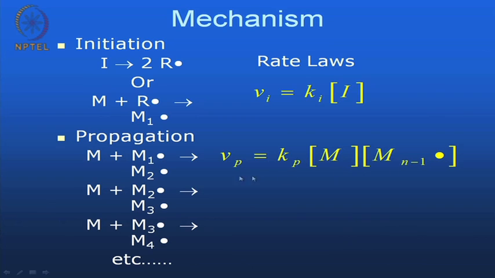If a reaction is producing an nth mer, a polymer with n monomers, you can write the rate expression as some constant times the monomer concentration times the concentration of M n minus 1 dot.